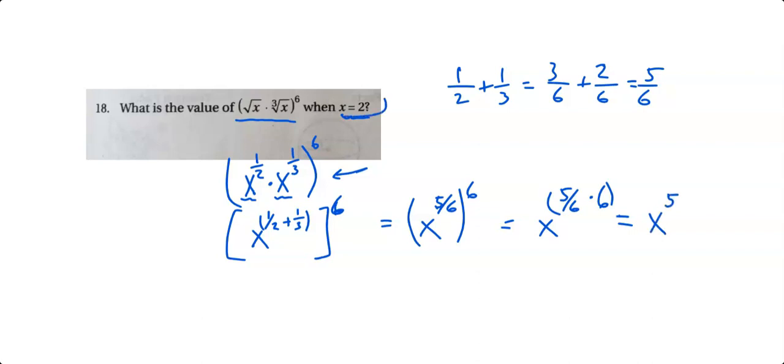Now we're evaluating at x equals 2, so that's 2 to the 5th, and that's 32. Realizing that this was something you couldn't use your calculator for, if you had memorized some of the powers of 2, which is not a bad thing to have, then 2 to the 5th is 32. But if not, then just multiply 2 times itself 5 times.